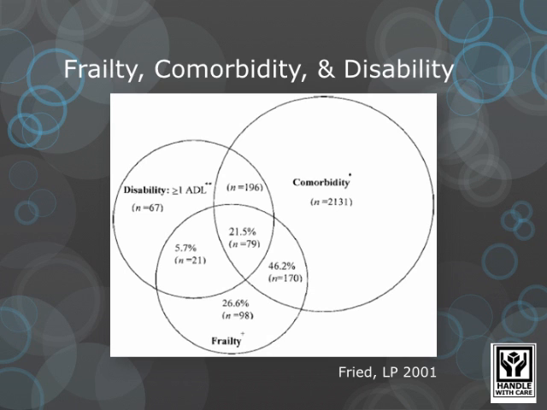Again, other people are like, well, if they have a disability, then the person must be frail. Well, again, that's not true. While having a disability might increase your risk of being frail, as I said, vision impairment will do that, it doesn't necessarily mean that you are frail. There is an overlap.